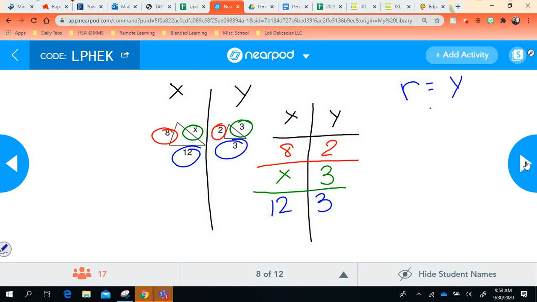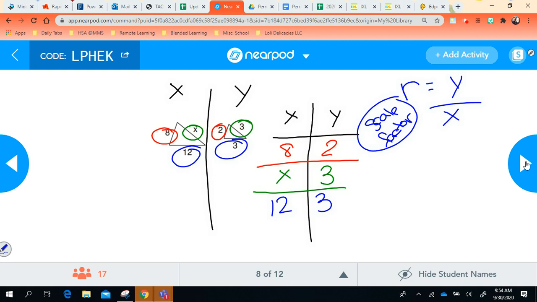So yes, I'm going to do y divided by x to find my scale factor. Why is it important for you to know what this is? That way when you run into a question and it says, find your scale factor, you're not like, what's a scale factor? I've never heard that word in my life. So we make sure that we use it in class. So, y divided by x.